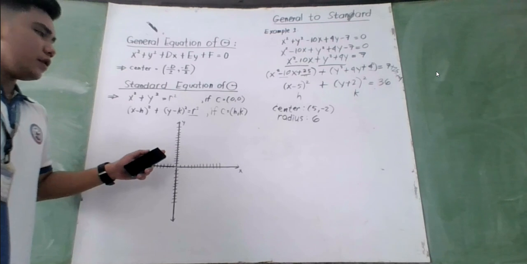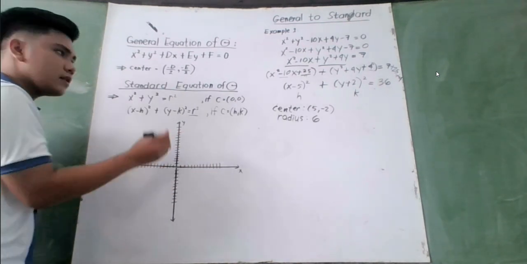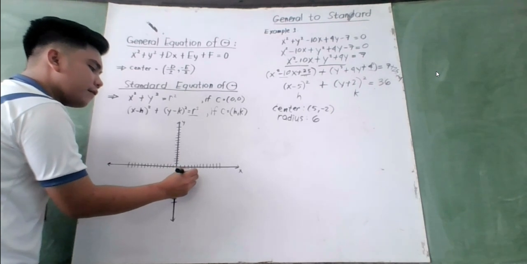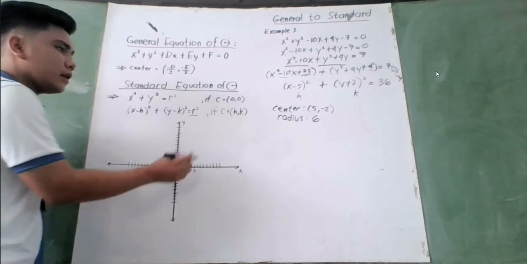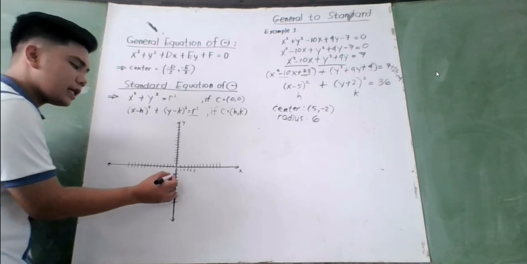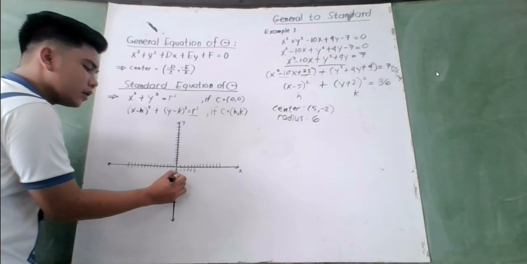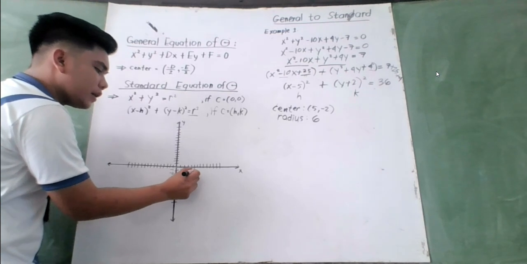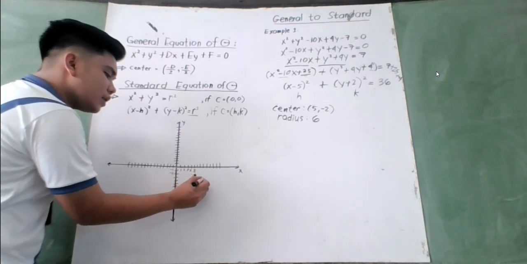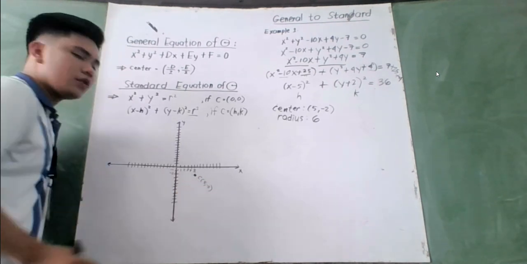So you have 5, negative 2, x-axis, y-axis. So you have 1, 2, 3, 4, and 5. Next, you have negative 2, going down. 1, 2, negative 1, negative 2. Connect, and connect. That is now the center of your circle, which is 5, negative 2.